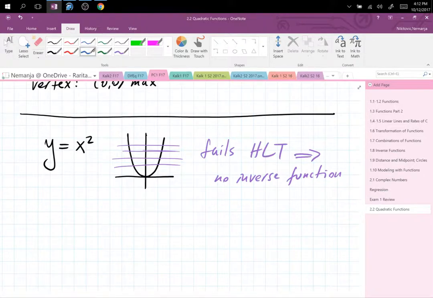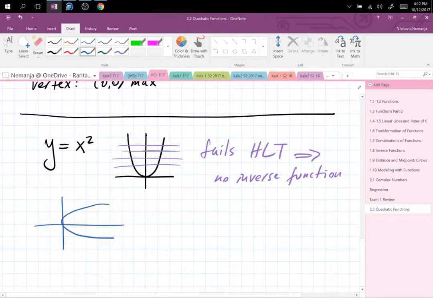Do we have an inverse? Hell yes. The inverse is this. But you see, it fails the vertical line test, so it's not a function. So this is an inverse, not a function. So there is no inverse function, but you do have an inverse.